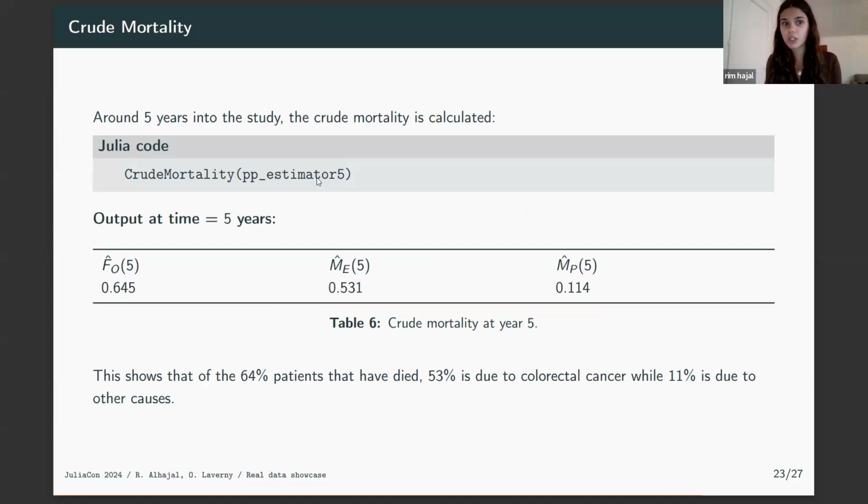Out of the 64% of patients that have died, which is the overall mortality, we have 53% due to colorectal cancer and only 11% due to other causes. This is at the 5-year mark, and the specific time can be specified, so we can check at any given point in time how much of the percentage of death is due to the cancer and how much is due to the population, to any other cause.